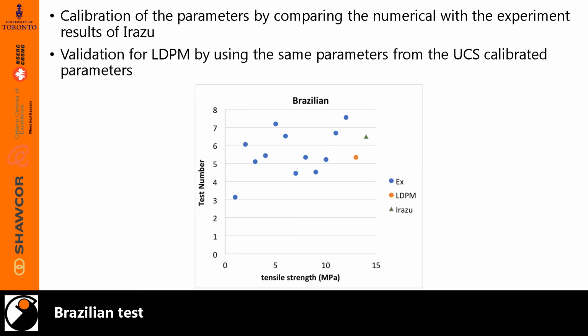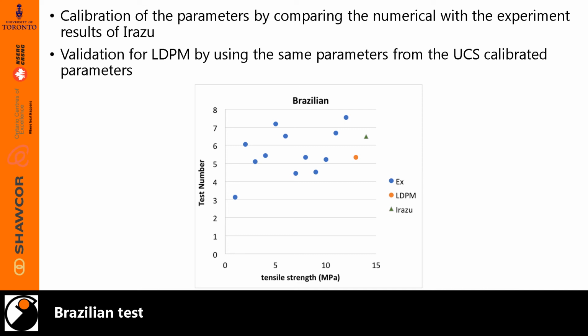So we also calibrated the FDEM model with the Brazilian test. And for the LDPM, it's kind of a validation process, using the same parameters with a different experiment type. But you can call it a validation process for FDEM as well.